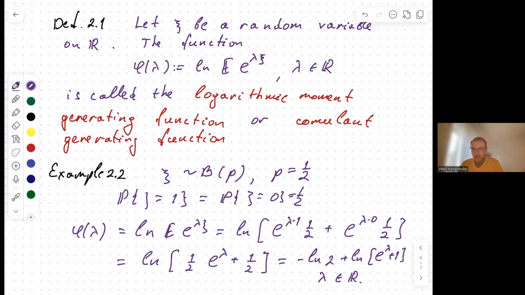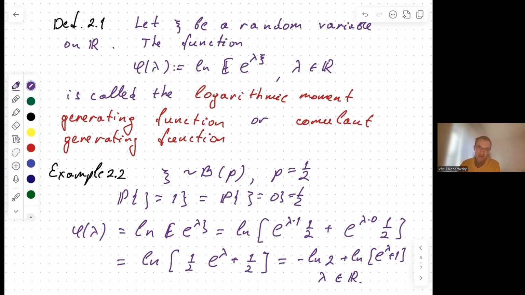And of course, now it's clear how you can find that function for any given distribution. You just need to compute the expectation, and you will get the cumulant generating function.